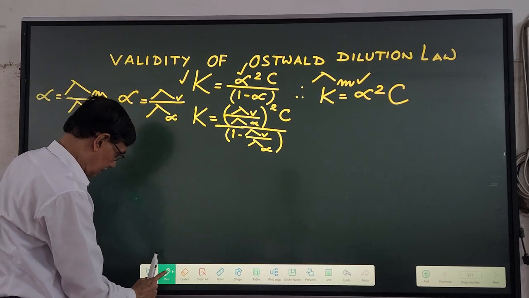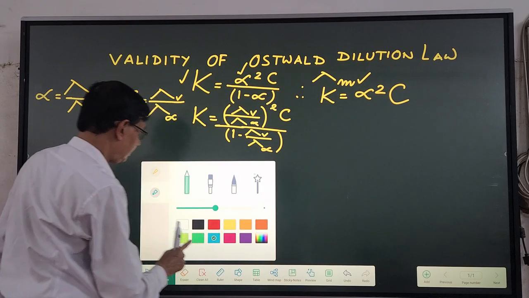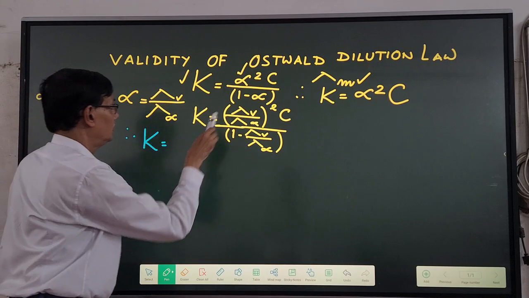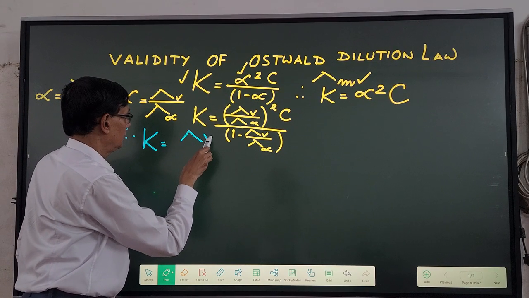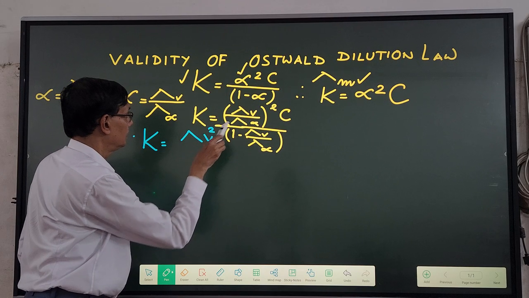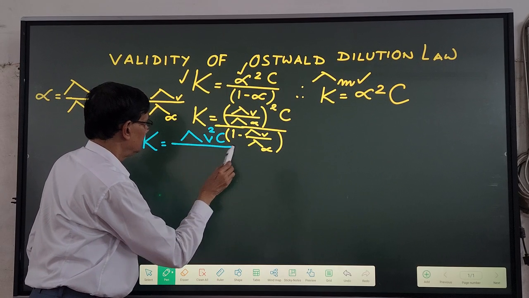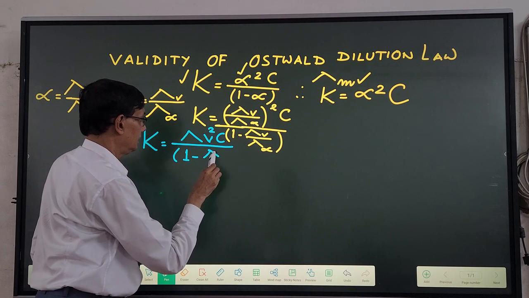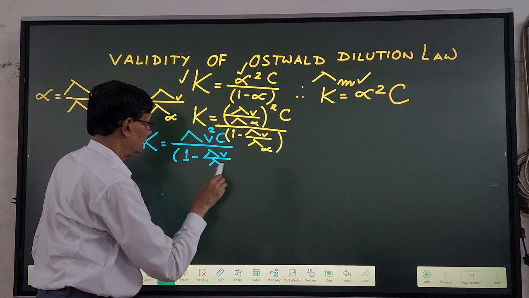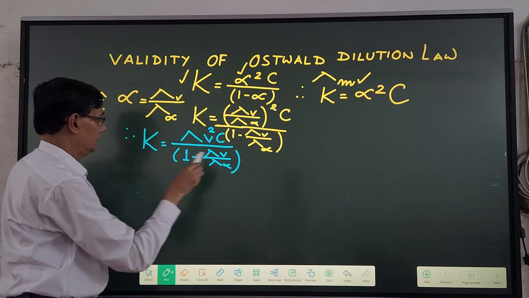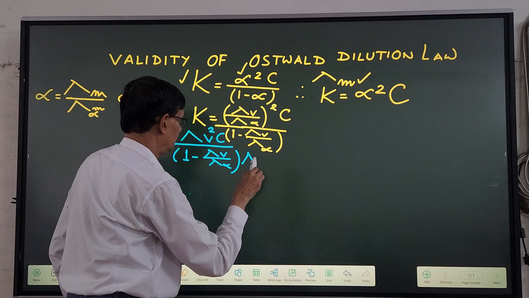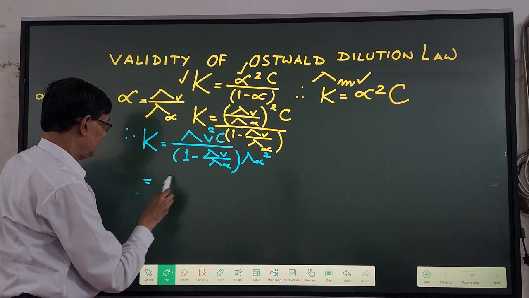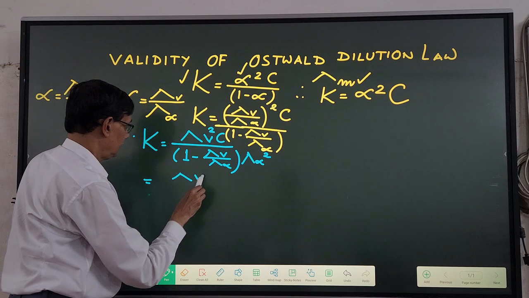So it's very simple. K is equal to alpha square C divided by 1 minus alpha, so K is equal to lambda_v square C divided by lambda infinite square, multiplied by 1 minus lambda_v by lambda infinite.